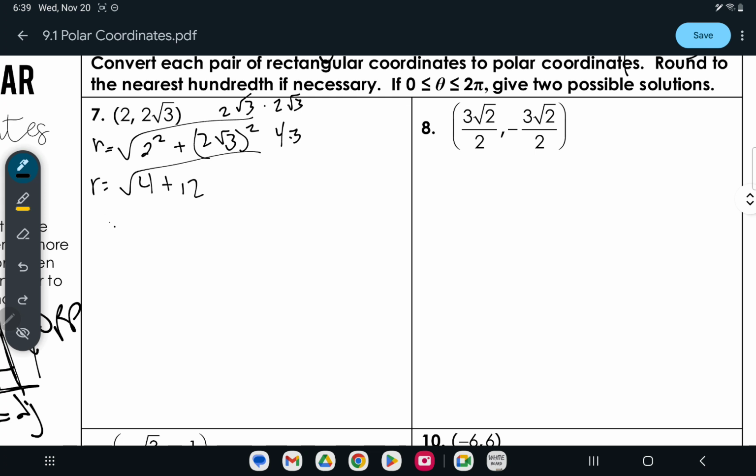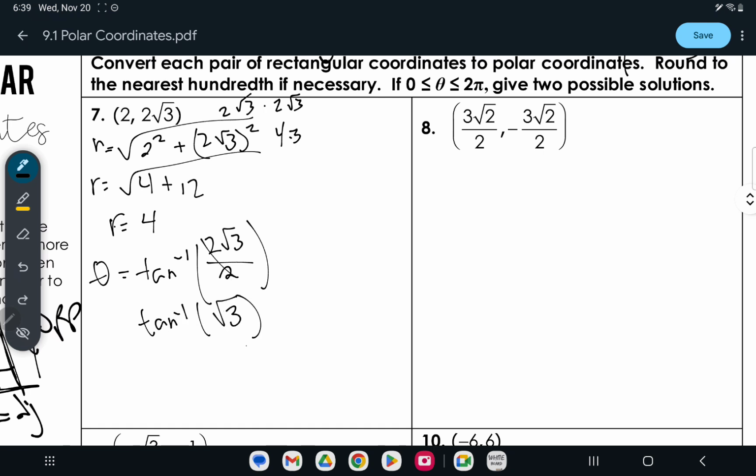And 4 plus 12 is 16, and the square root of 16 is 4. Theta is inverse tangent of y over x. So let's see, the 2's cancel. So inverse tangent of root 3.